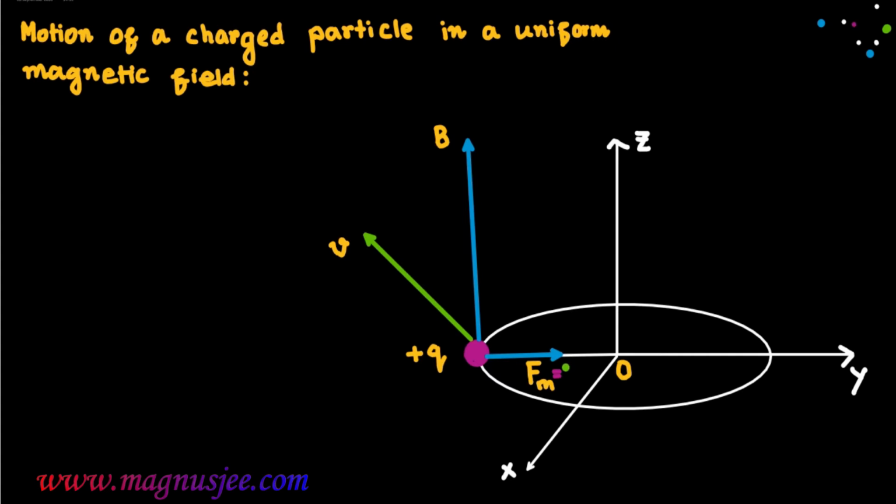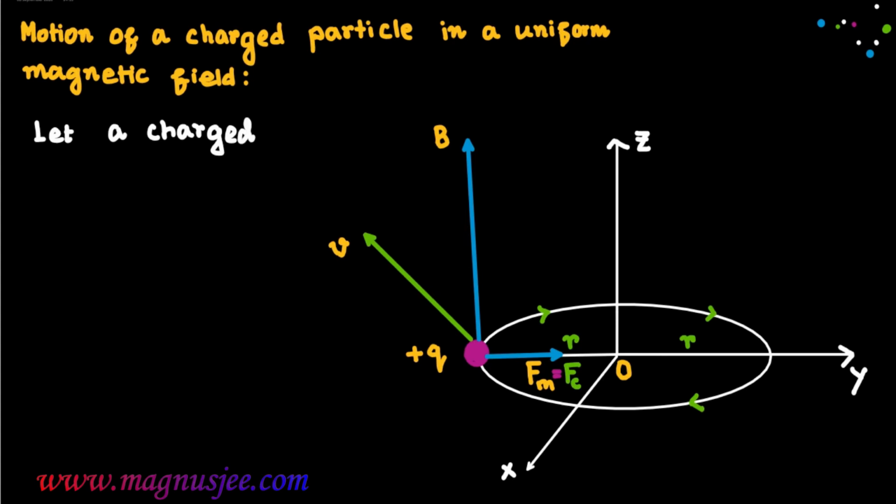This magnetic Lorentz force Fm provides the necessary centripetal force Fc for the revolution of this charged particle in clockwise direction, and r is the radius of this circular orbit.